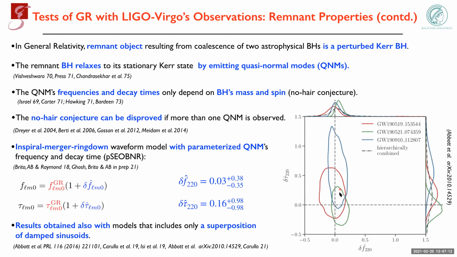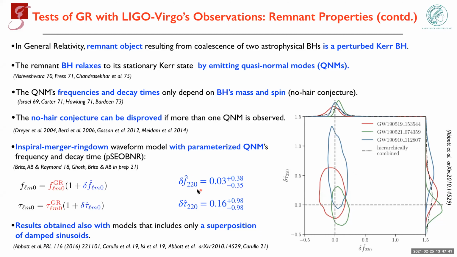So I show you the results of the two-dimensional posterior distribution for 3 of the events that were analyzed. The events were also combined hierarchically because this deviation that we are introducing could be not constant, could depend on the property of the source. So you cannot just multiply the likelihood function, and this is the result.